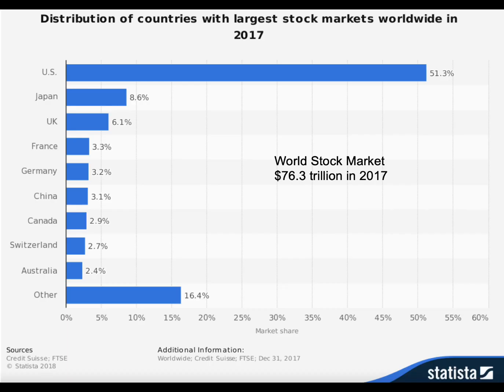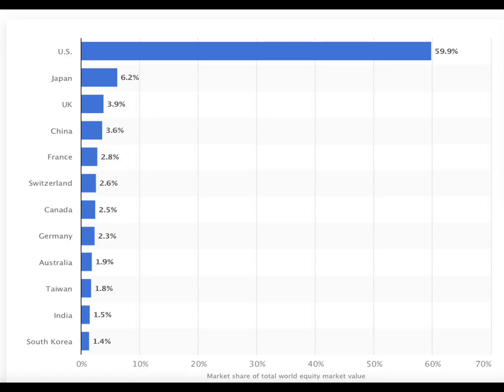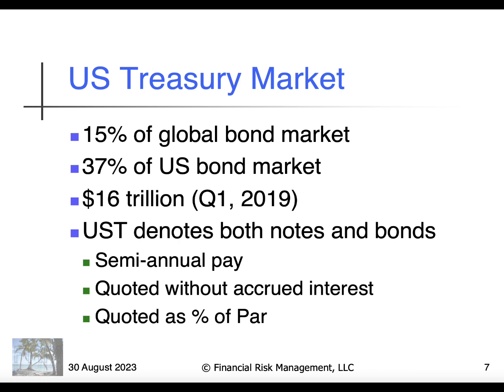If we compare the stock market, it's not surprising that the U.S. has the largest stock market in the world, based on the 2017 data, as well as more recent data. When we consider the U.S. Treasury market, it's 15% of the global bond market.